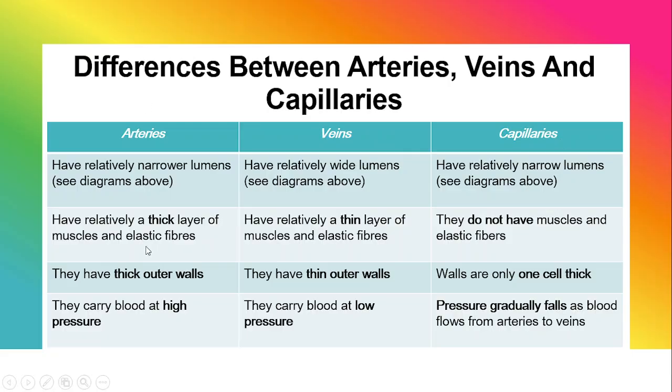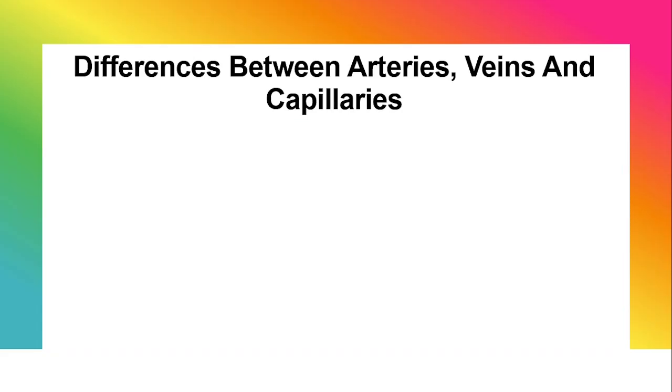Then the arteries have thick outer walls, veins have thin outer walls, and the capillary walls are only one cell thick. Arteries also carry blood at high pressure, while veins carry blood at low pressure, and in capillaries the pressure falls gradually as blood flows from arteries to the veins.